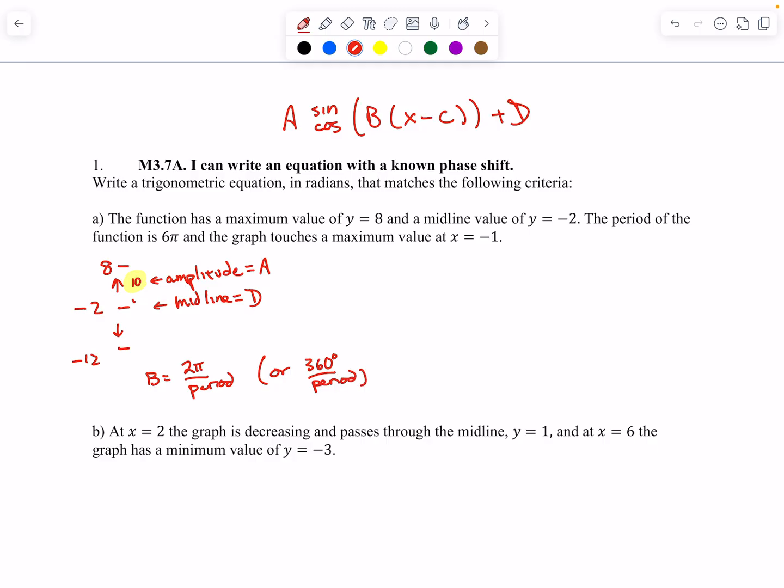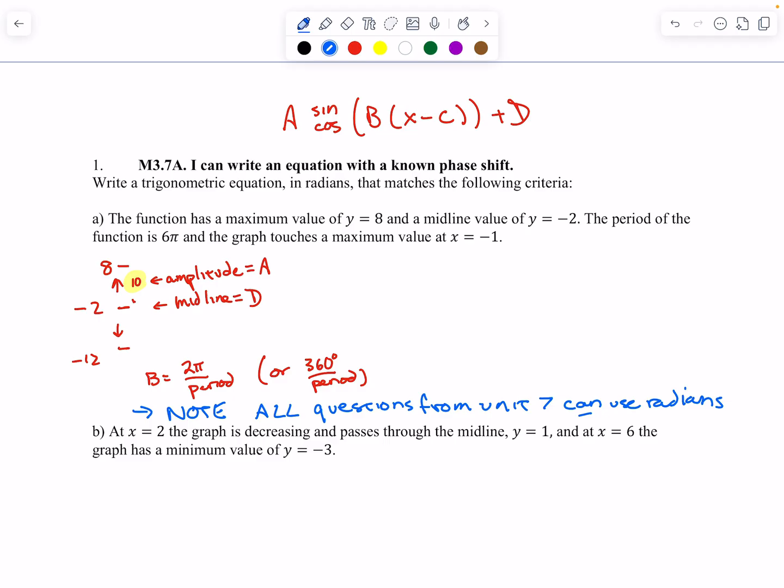Just for your information, you'll want to switch from radians to degrees about midway through the test.